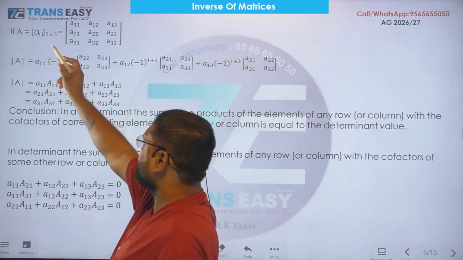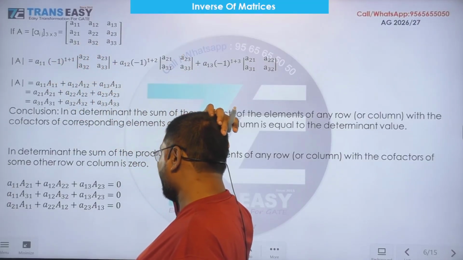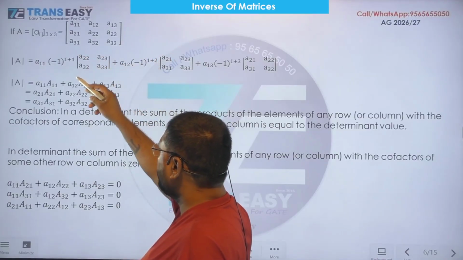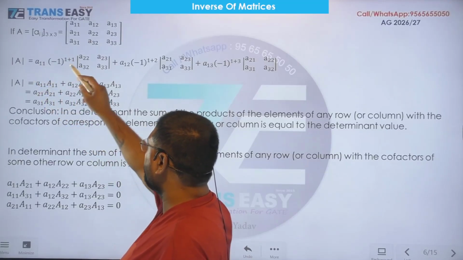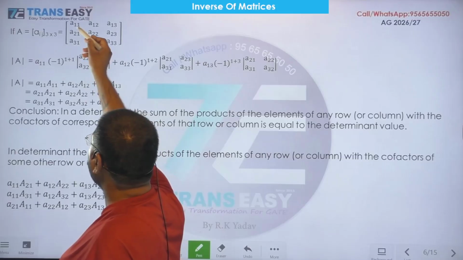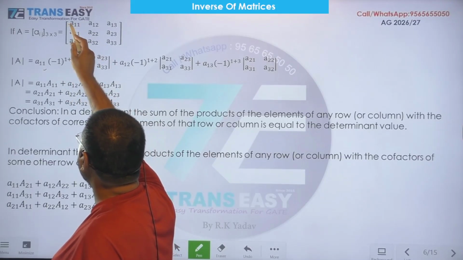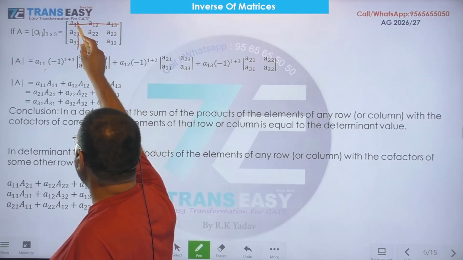This is a 3 by 3 order square matrix, right? Its determinant value is obtained by -1 raised to the power 1 plus 1 into this element, leaving elements lying on this line and this line passing through this element.